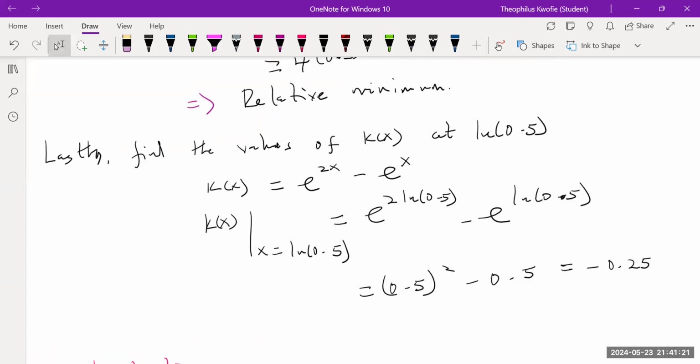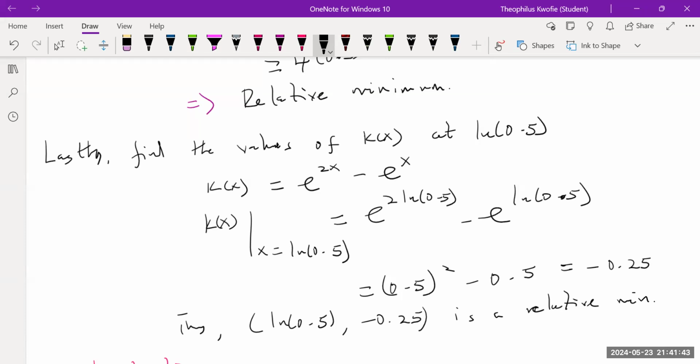So this implies that the point, a point ln of 0.5 and negative 0.25 is a relative minimum. So let's take note. Very, very, very important.